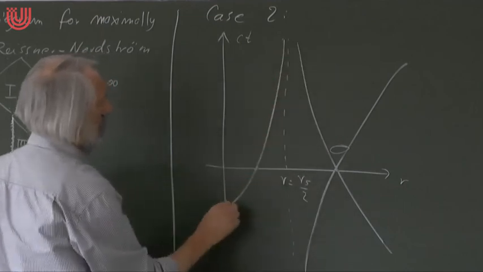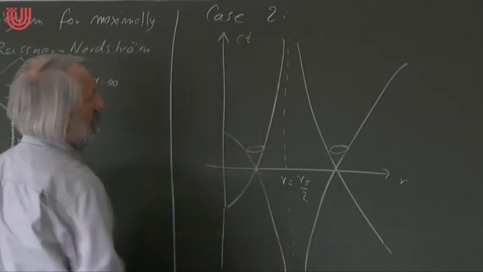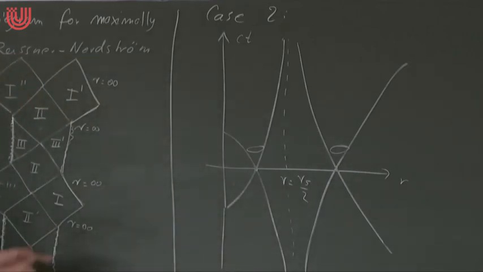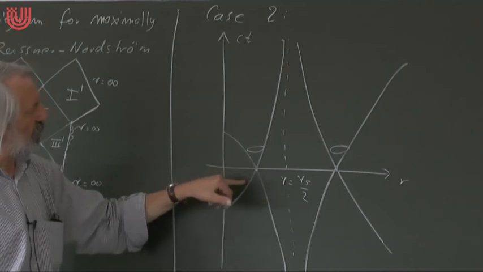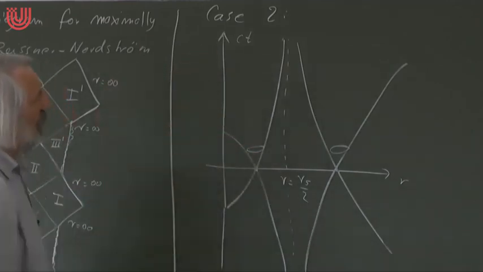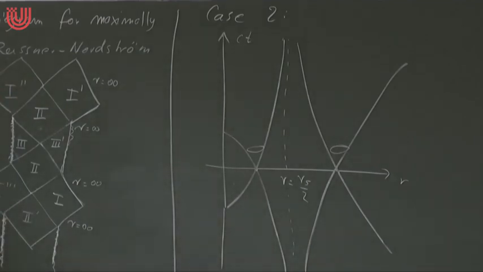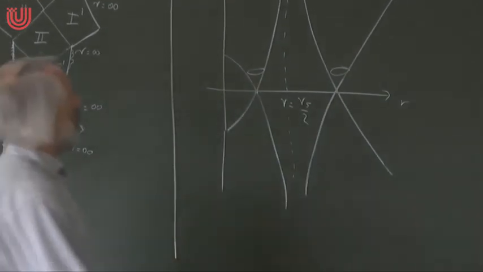See the difference to the Schwarzschild case. In the Schwarzschild case, the diagram looked similar. We had one horizon, but the light cone was here. Now it is here. So the space-time is static everywhere, and the two static regions are separated by a degenerate horizon. So this would be the situation for case 2.